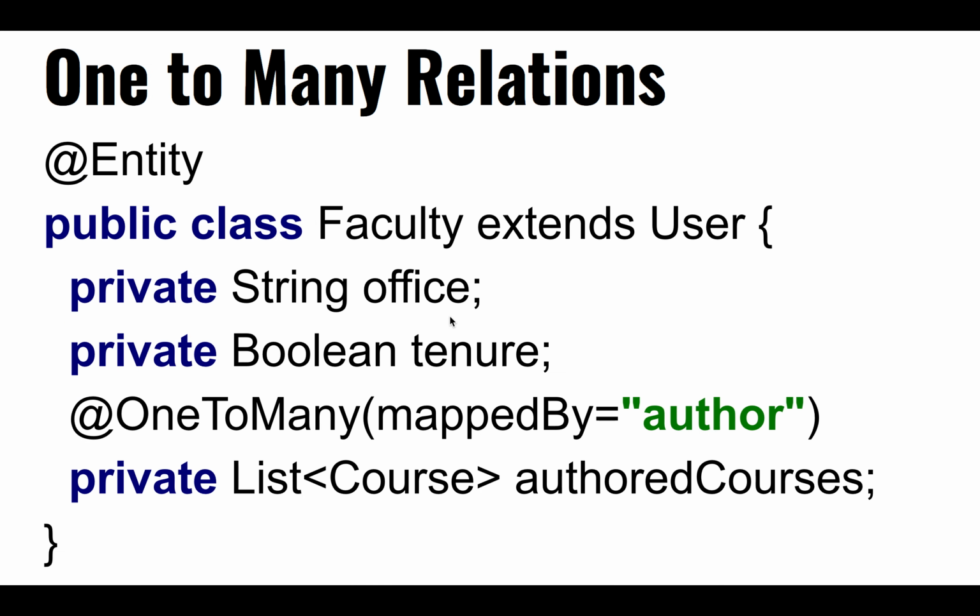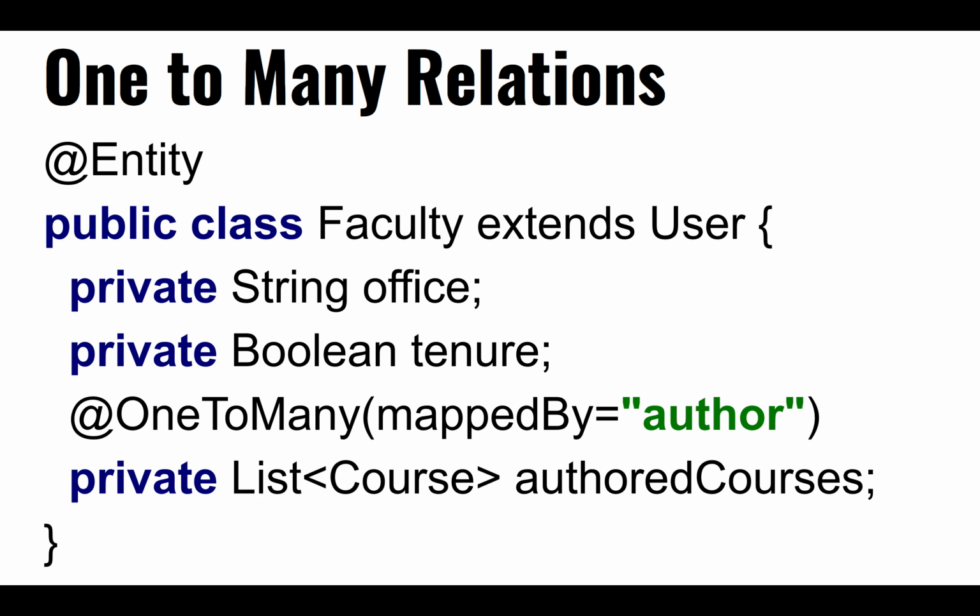All right. Beyond that, we have the many-to-one. And then on the one-to-many, we have to say how the many side is referring to us. What is the field on the many side that is referring to me? The reason is that the many side could have many foreign keys referring to the same primary key, and we need to be able to distinguish which one it is.